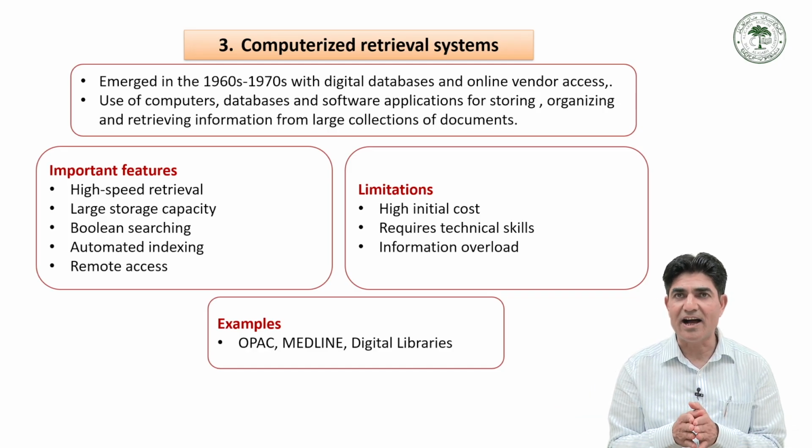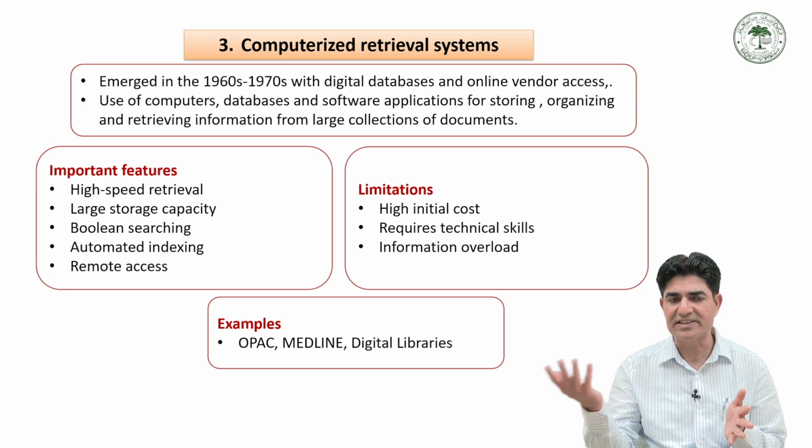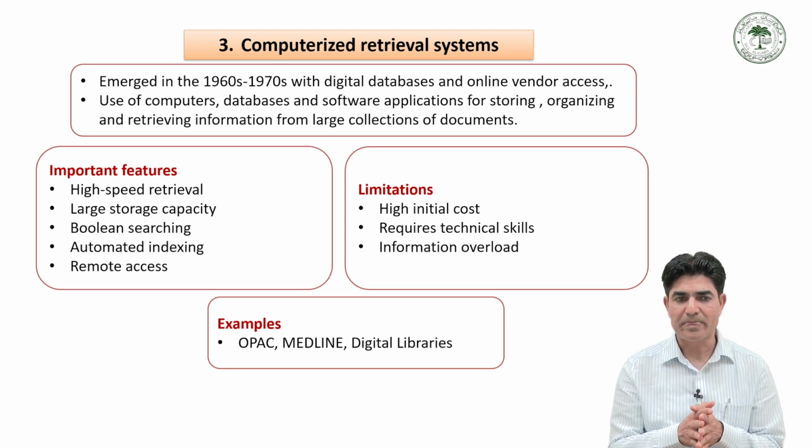Indexing is also possible in an automated way. We need not assign keywords and subject headings to every document. The keywords can be extracted from the title, the abstract, or the full text of the document. This is called derived indexing, which we will discuss in later classes.